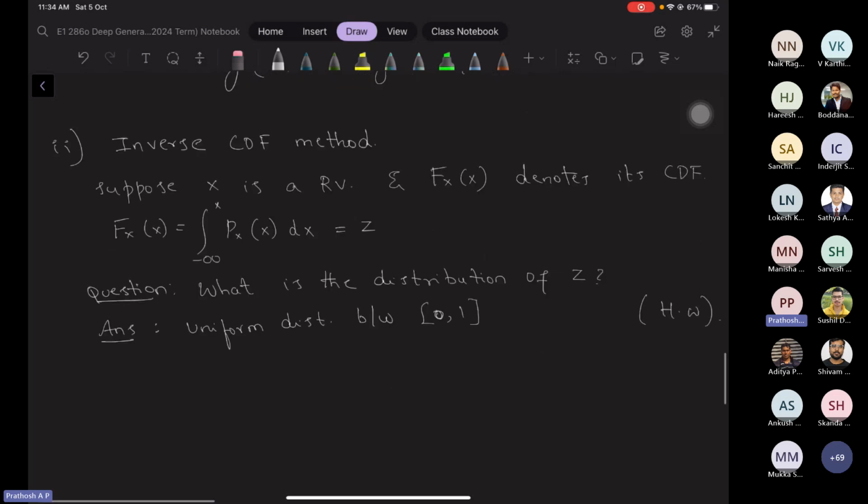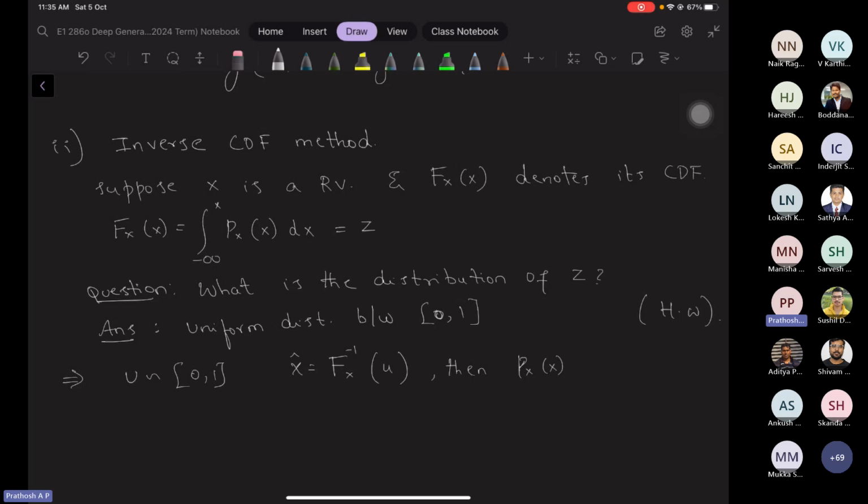Now, this implies that if I take a U that is uniform between 0 and 1, and compute x cap to be equal to the inverse of the CDF evaluated at U, then x cap is the inverse CDF of a random variable x.